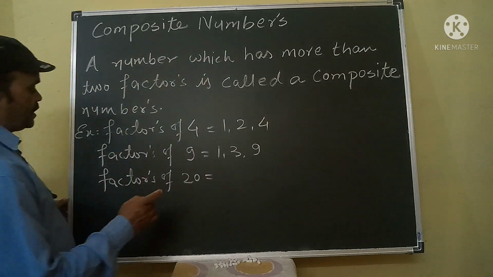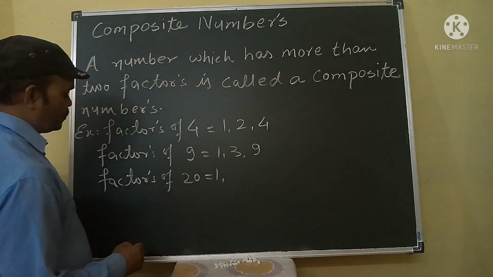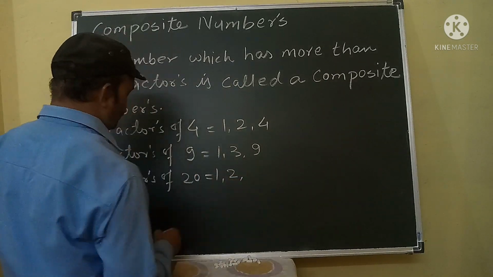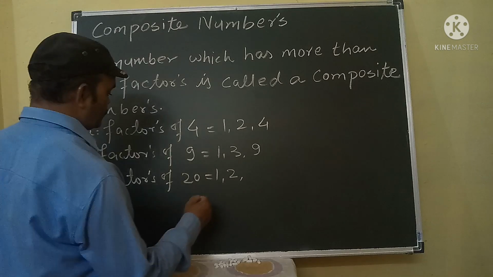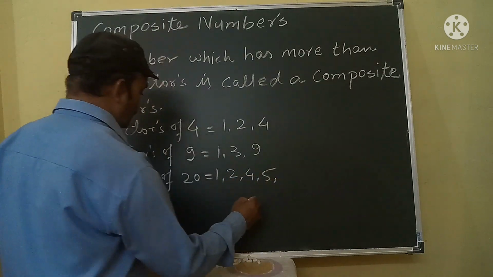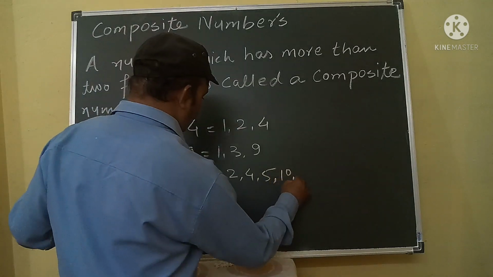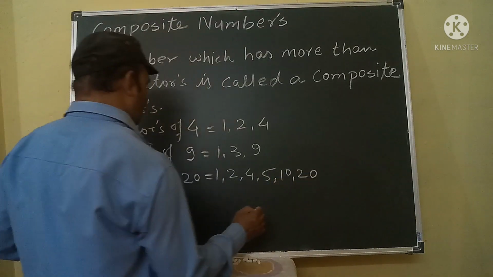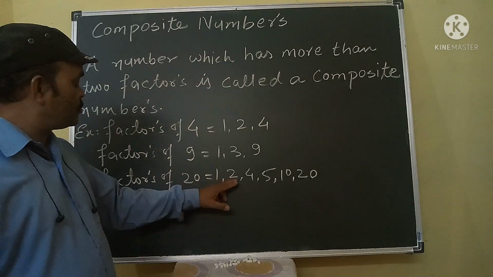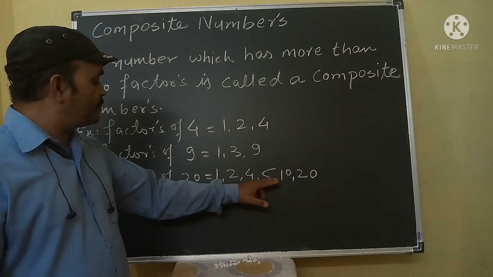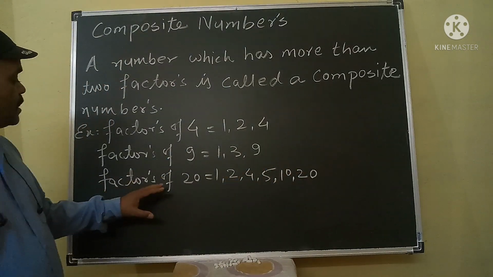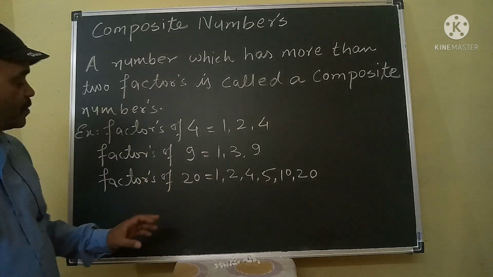The factors of 20 are 1, 2, 4, 5, 10 and 20. All these are factors of 20.